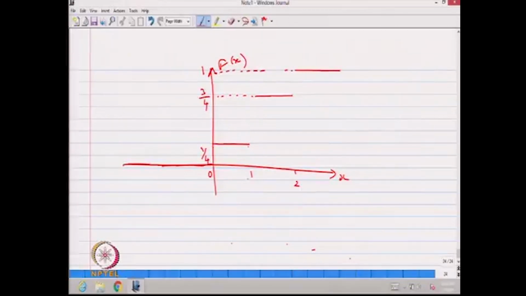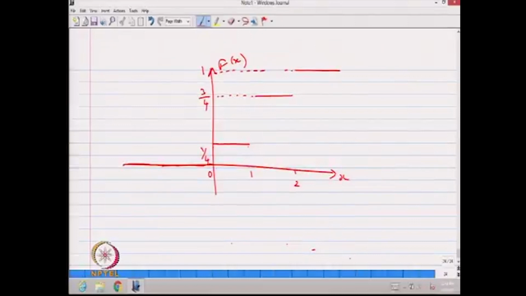Similarly, the left limit of the CDF at 1 is 1 by 4, the value at the point 1 is 3 by 4, and the right limit at the point 1 is again 3 by 4. Therefore, it is right continuous at the point 1 also. Similarly, the function is right continuous at the point 2.